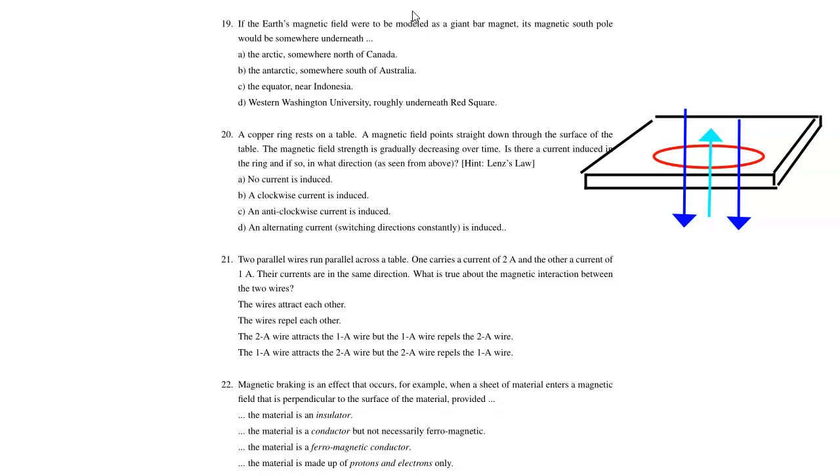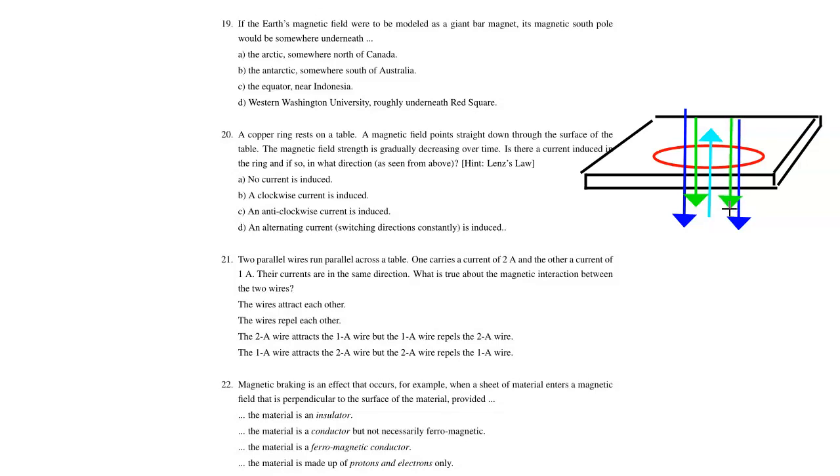Then Lenz's law states that the current gets created in the ring, and the direction of the magnetic field created by that current is going to be the opposite of the change of flux, the opposite of the light blue arrow here. So the magnetic field induced is the green one here.